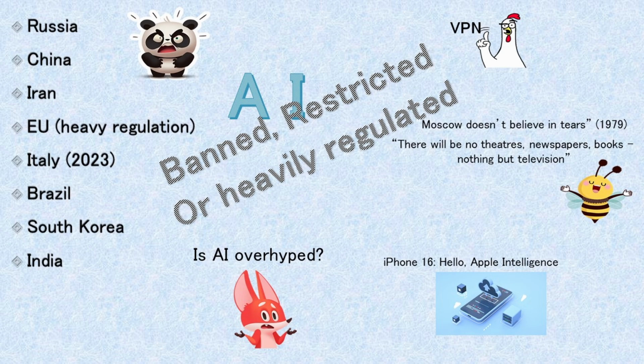Russia has imposed restrictions on AI, and China has strict regulations on AI, particularly in areas like facial recognition and deepfakes. AI systems may be biased based on factors like race or gender. Not all students have the same access to technology or the internet, which can make AI tools less helpful for those without.